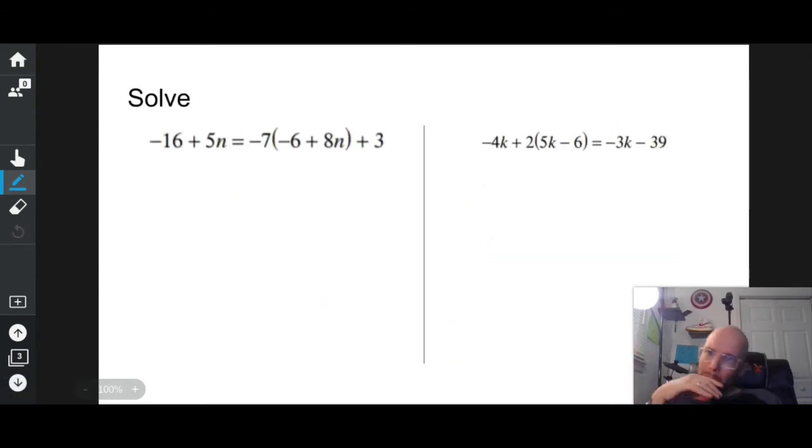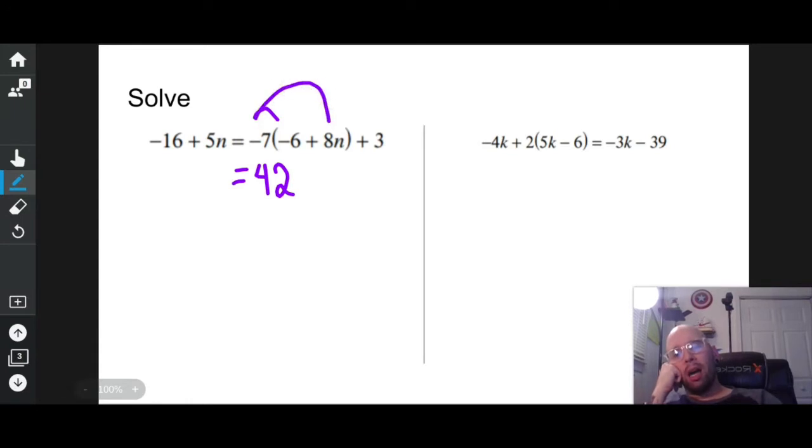Nice. So I have variables on both sides of the equal sign, and I have distributive property on the right, and it looks like I'm going to end up combining like terms on the right. So let me do that. Negative 7 times negative 6 is positive 42, as we saw in the previous problem. Negative 7 times positive 8 is negative 56n.